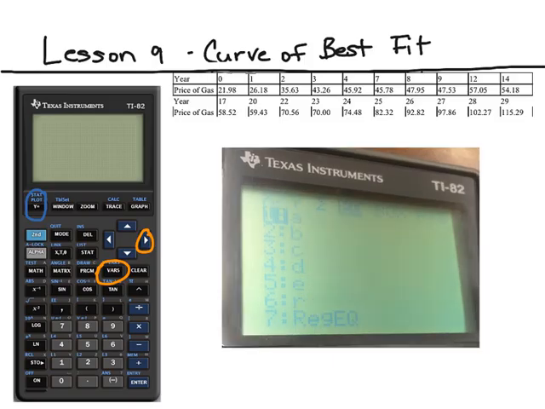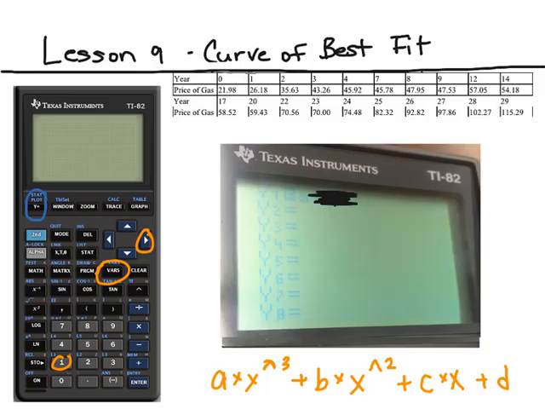So when we're typing it into our calculator, we want it to be ax cubed. We want to go a times x to the power of 3 plus b times x to the power of 2 plus c times x, plus d. So we need to use the a first, so we type 1, and then our screen will look like this.